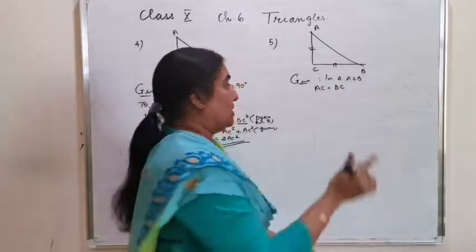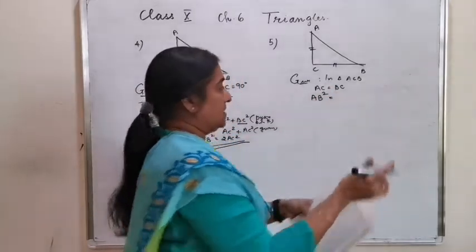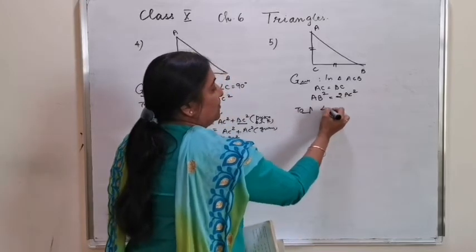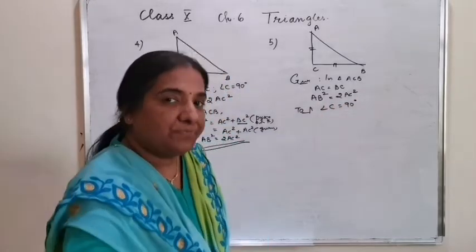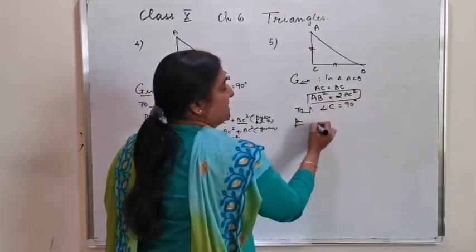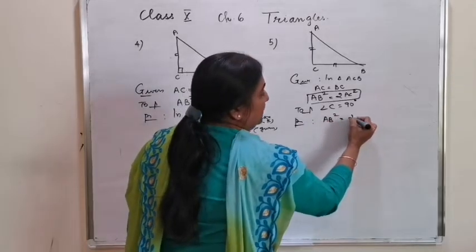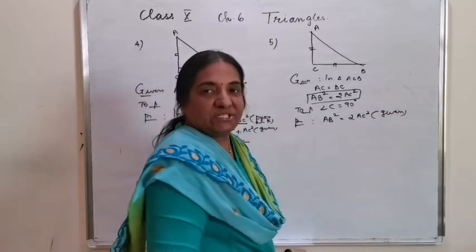One more condition is AB square is equal to 2AC square. What is to prove is angle C is equal to 90 degrees. As the given condition says, the proof will start from there. AB square is equal to 2AC square. It's already given in the question.